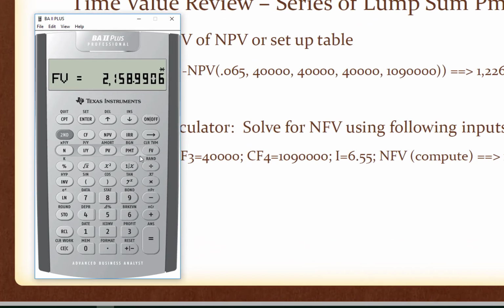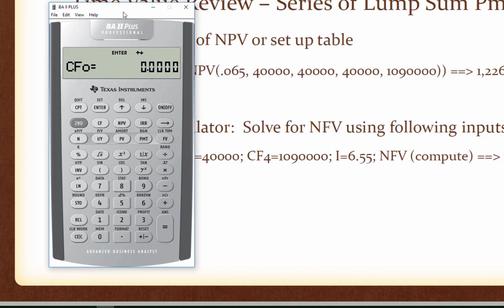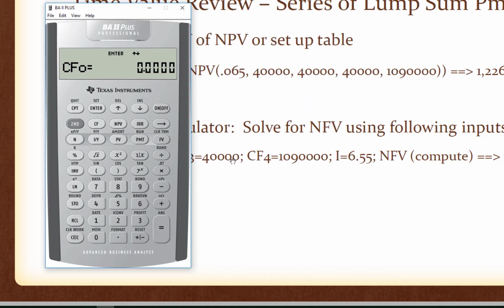So figuring out the net future value for a series of lump sums, I'm again going to be using the cash flow register. So I'm going to click there, and I'm going to go ahead and clear out, make sure I got the register cleared. So I should be, yeah, there's nothing in for cash flow 1. So my cash flows are 40,000 for the first 3 years, and then 1,090.